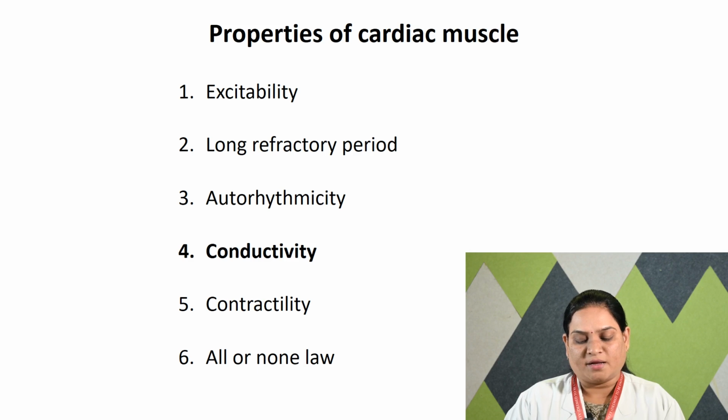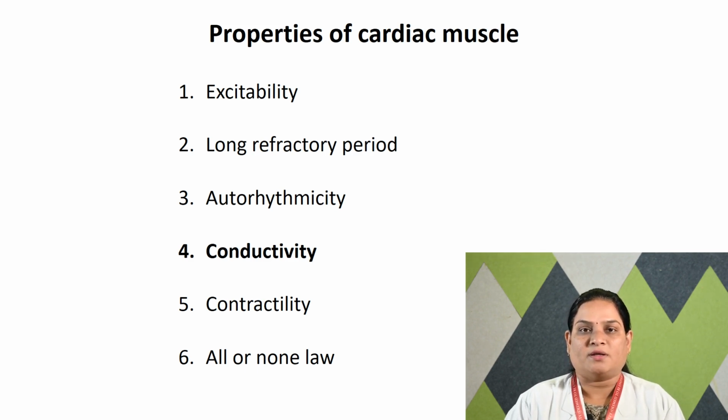The right atrium receives blood through the superior and inferior vena cava, and the atrioventricular orifice here is guarded by the tricuspid valve. The left atrium receives blood from the pulmonary veins and gives it to the left ventricle through the mitral valve.